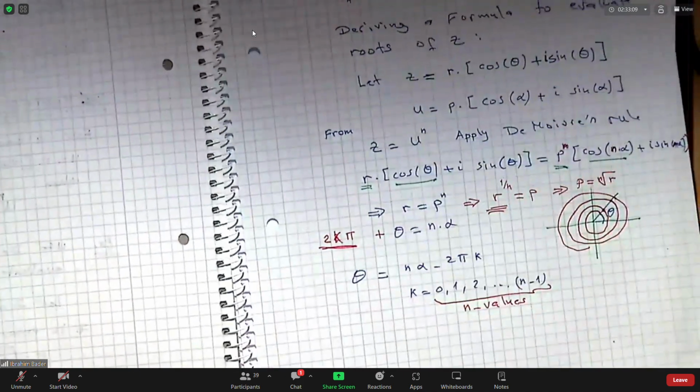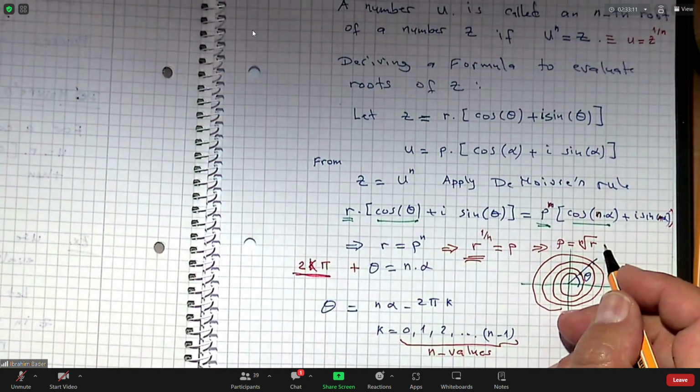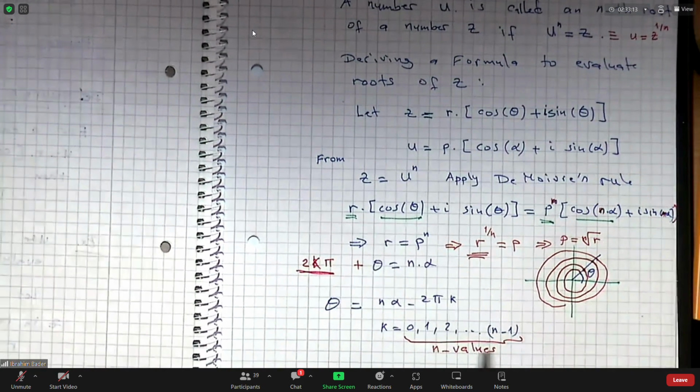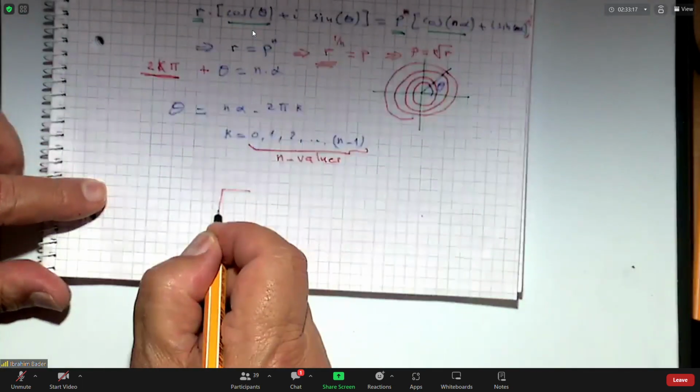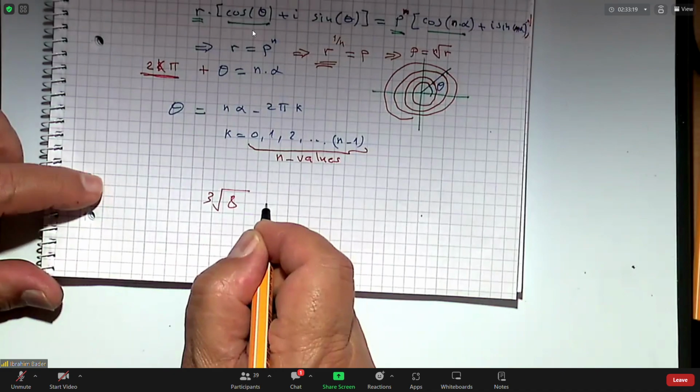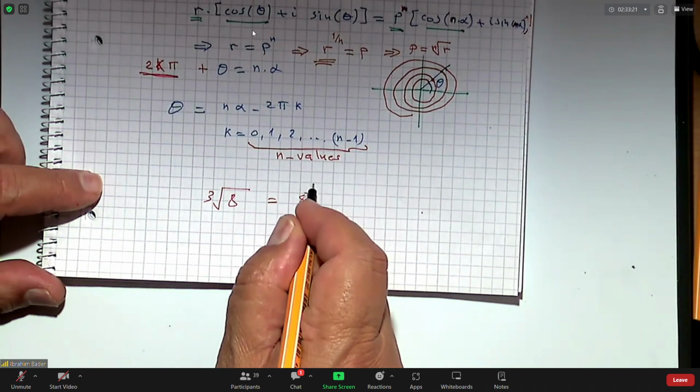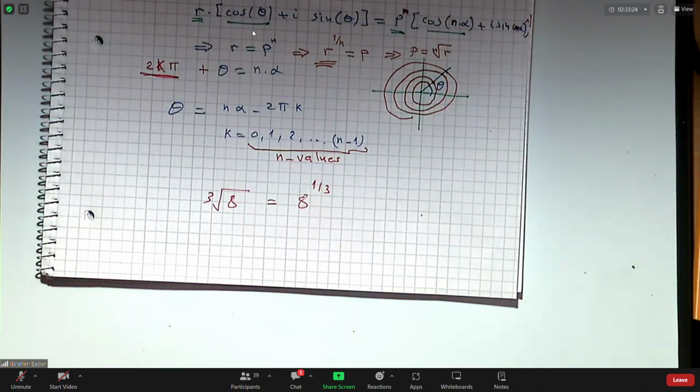If anyone has a problem with this, I can just repeat it. If you say the third root of 8, it is equal to 8 to the power 1 over 3. R to the power 1 over n is the nth root of r.